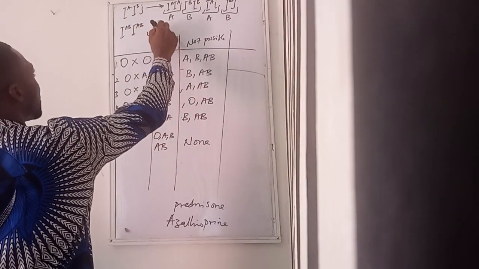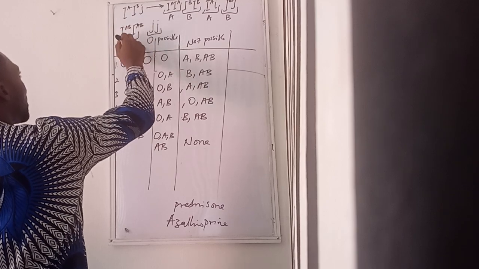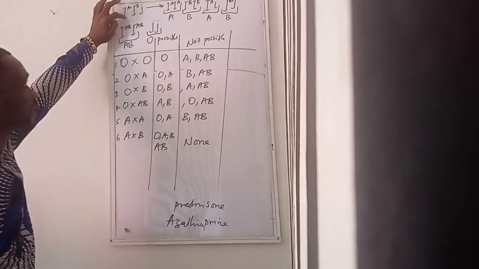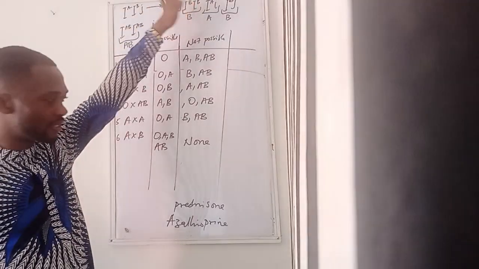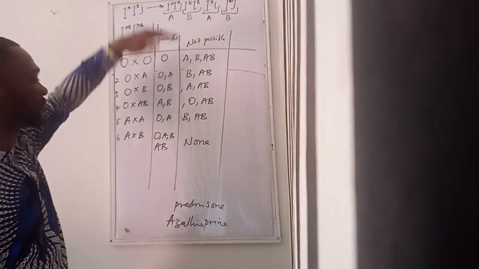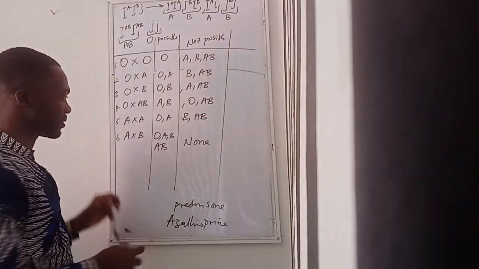Then we have O. So these are the three different alleles, and from these three different alleles, we can now have the six different genotypes.